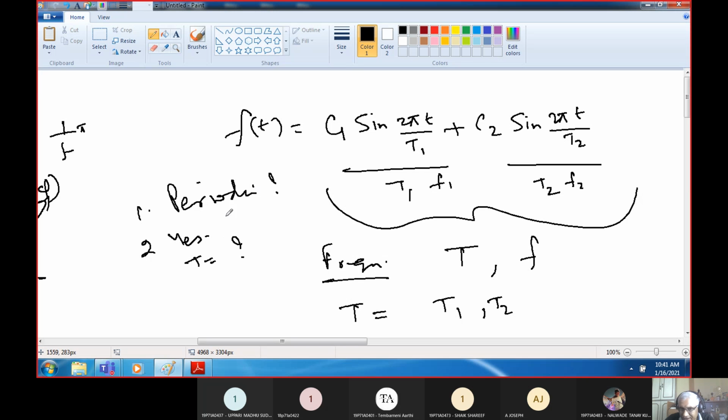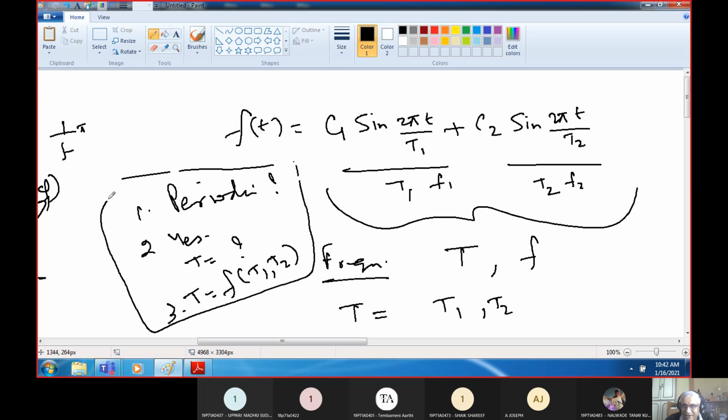And the next question is, is T a function of T1 and T2? So this is the third question. This is what we should answer using our knowledge of basic understanding of signals or even events that are repeating at regular intervals of time.